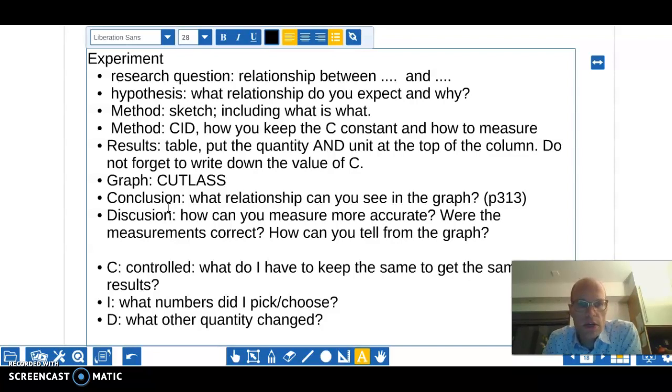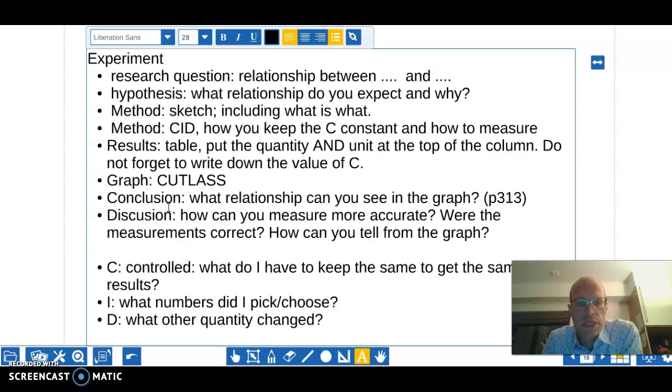You need to identify the CID of the experiment. Please make sure you write down how you keep the control constant and how you measure. The CID: what do you need to ask yourself to identify it? I would start with the I, and with the I you always ask yourself, what numbers did I pick or choose, or what numbers will I choose?